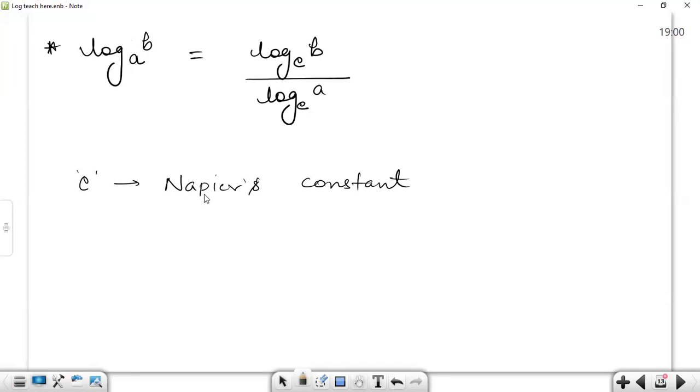Can anyone tell me what is natural log? Don't know, sir.